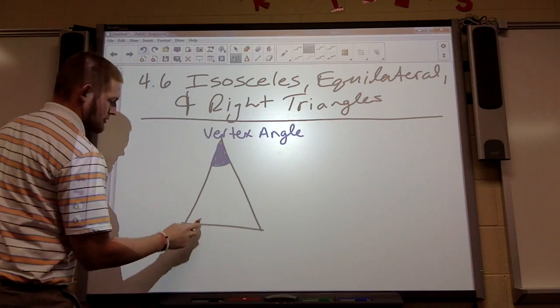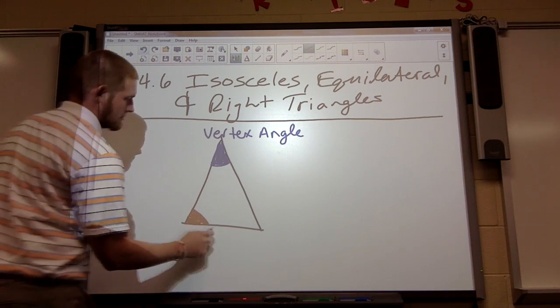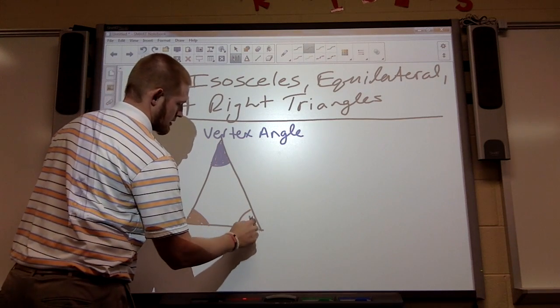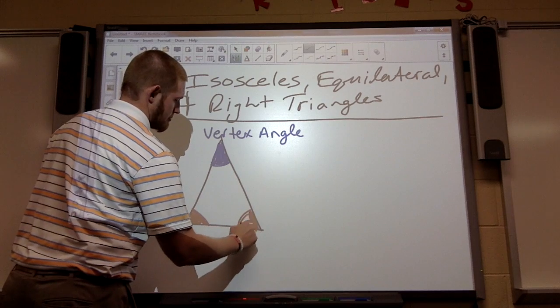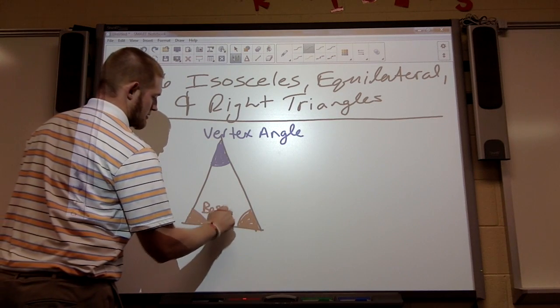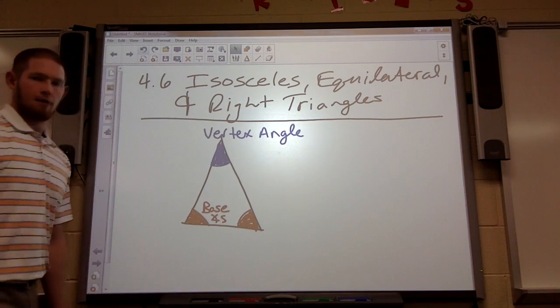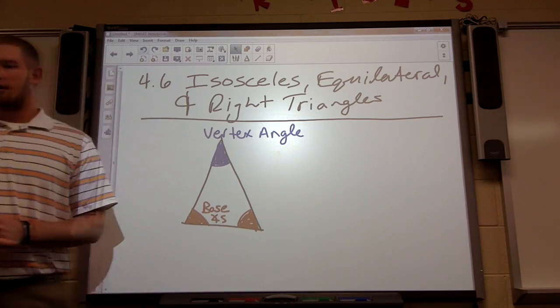Our bottom two angles, which are at the base of our triangle, are called base angles. Pretty straightforward and obvious there for you.